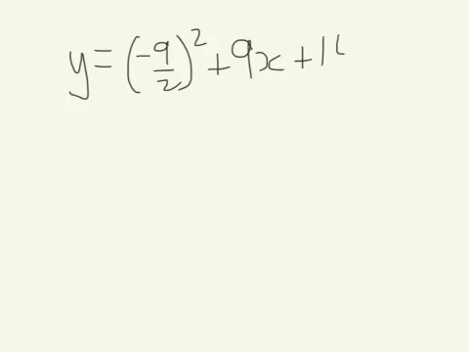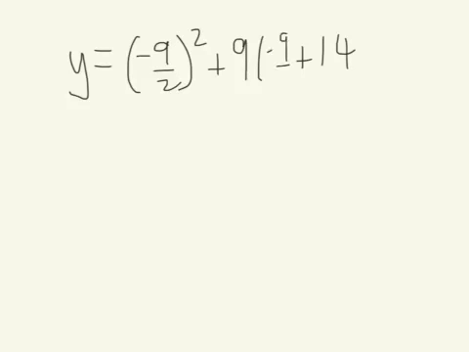All right, so we've got y equals negative 9 over 2 squared plus 9x plus 14. Now I know what you guys must be thinking. First of all, sir, you missed the x. Thank you very much. All right, there we go. Now it'll be nice and clean.